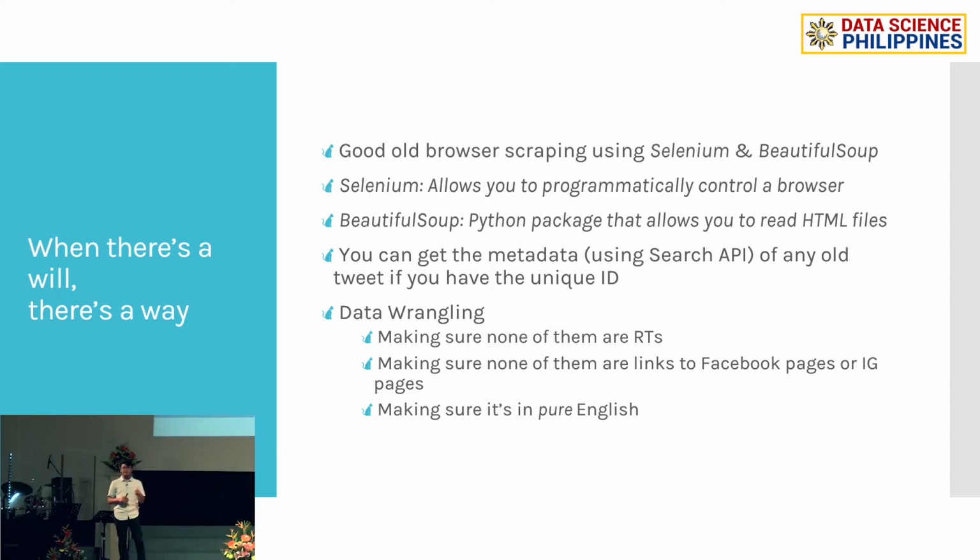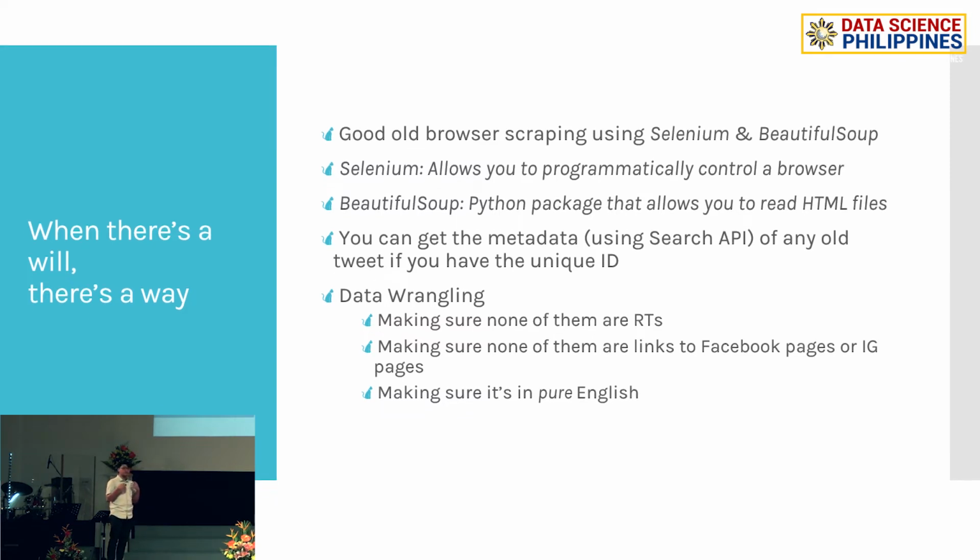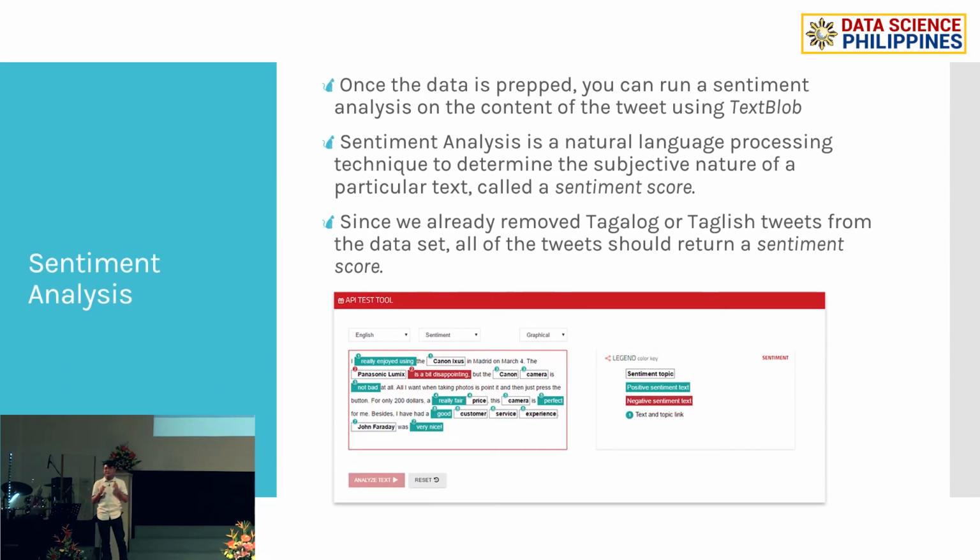And then last one, and this is an important part, making sure that all of the tweets that I currently have, after all the different data wrangling I've done, are in pure English. The reason for this is because we actually wanted to do a sentiment analysis. And a sentiment analysis is a natural language processing technique that allows you to get the subjective nature of a particular text paragraph, or in this instance, I like to call them text blobs.